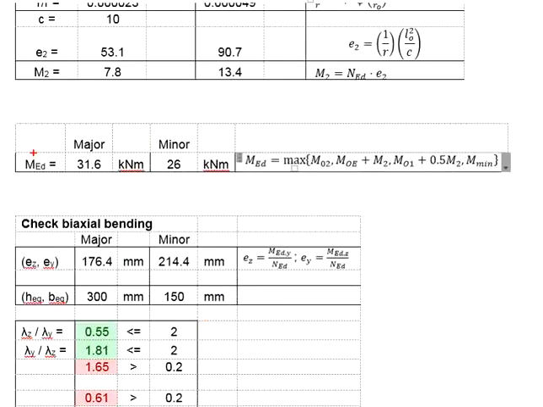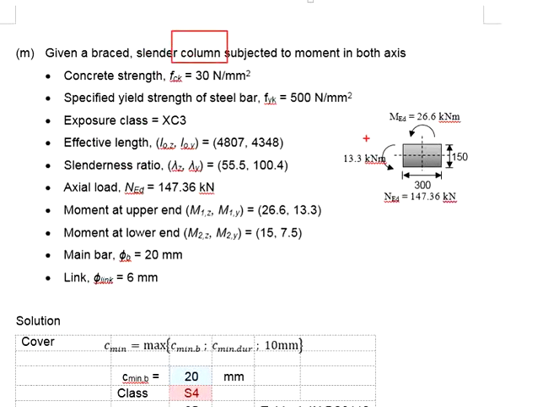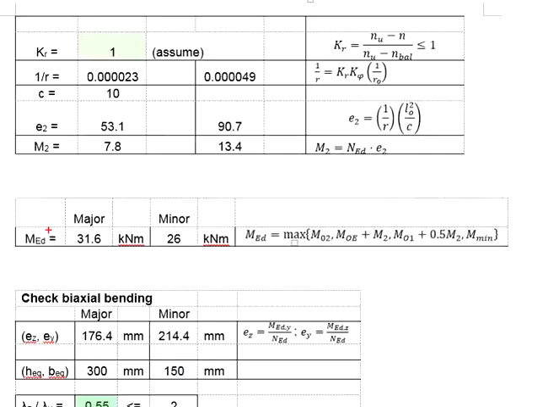Now that we have estimated MEd in the major and in the minor axis, since the column is subjected to moment in both axes, designing for the reinforcement bar based on the major and the minor axis separately might underestimate the design load.